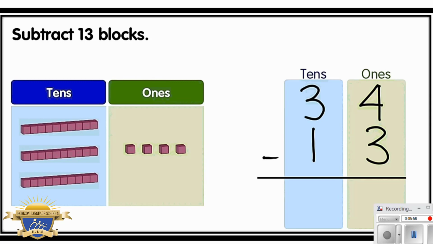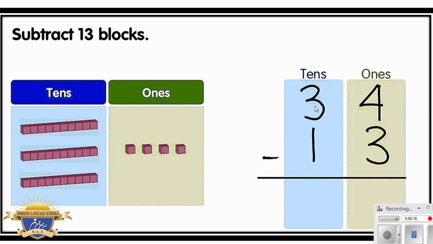We have here minus, right? So I will subtract the two numbers. Okay, I will show the 34 by drawing. I have 4 ones and 3 tens.